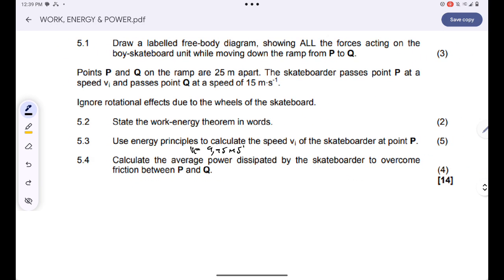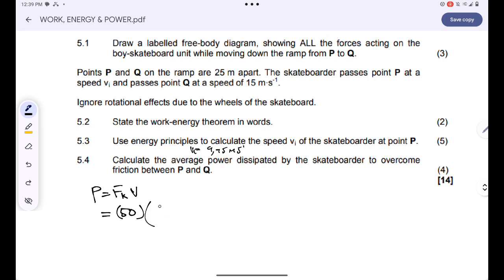And then I'm supposed to calculate the average power dissipated by the skateboard to overcome friction between points P and Q. I can simply say P is equal to frictional force multiplied by the average velocity altogether. I'm given the frictional force as 50 newtons.